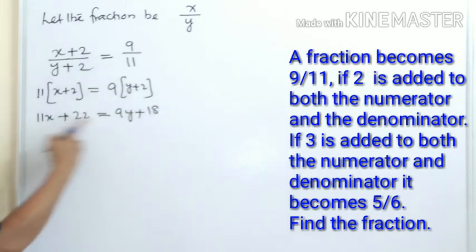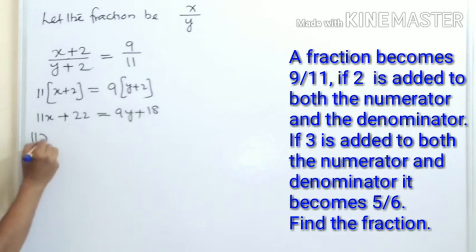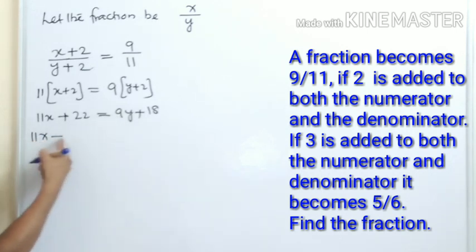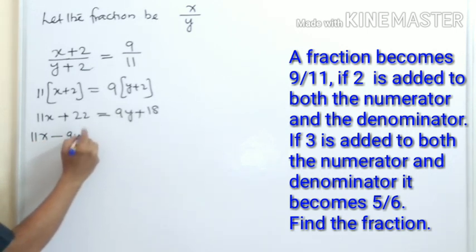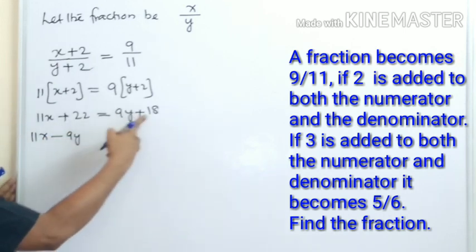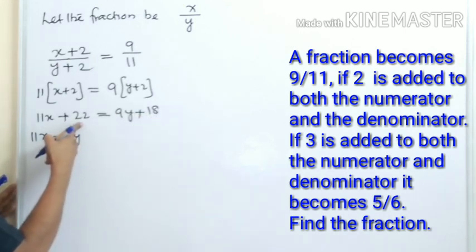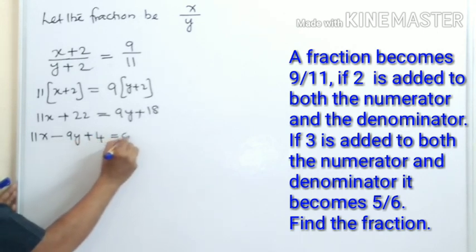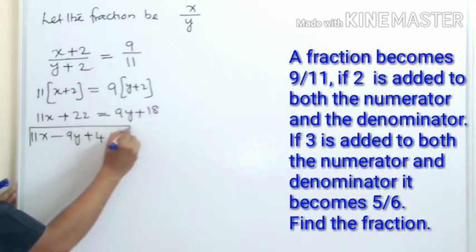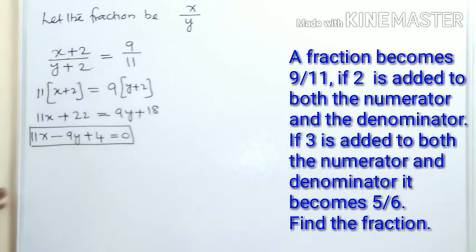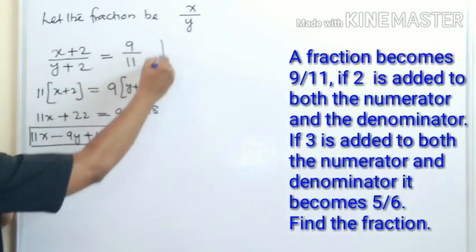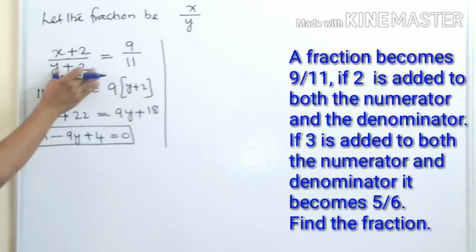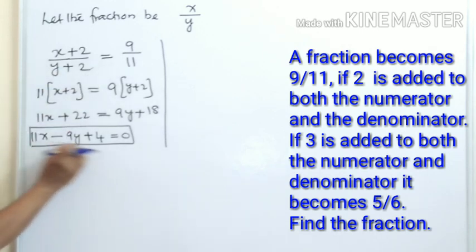So 11x minus 9y, I am taking 9y this side, and this 22 plus 22 here, this 18 I am taking this side, it will become minus 18. 22 minus 18 will become balance 4 equal to 0. So this is my first equation. Isn't it? Yes. So first condition I have completed and I got an equation here.